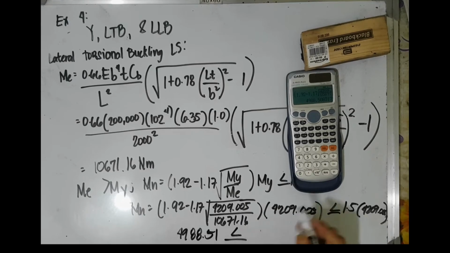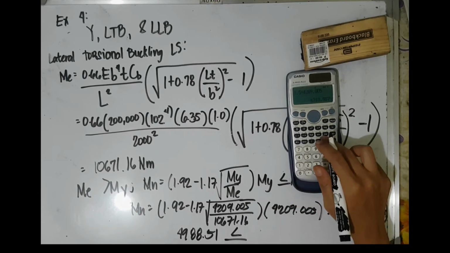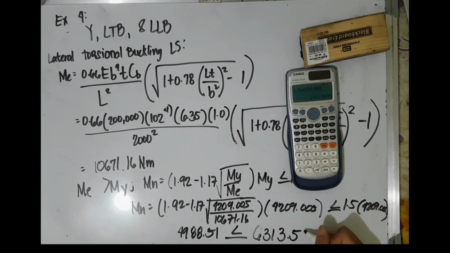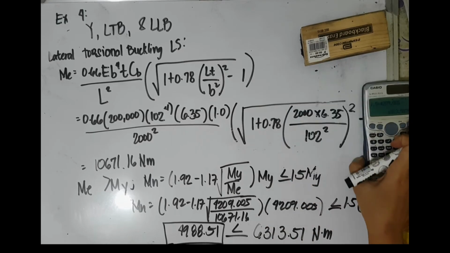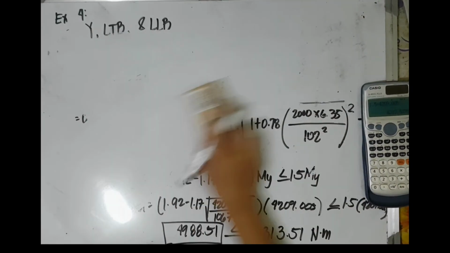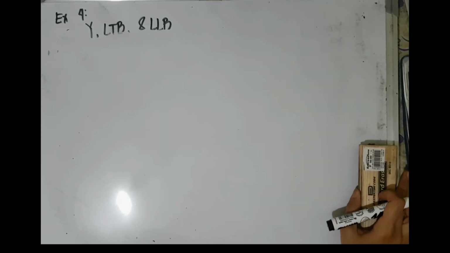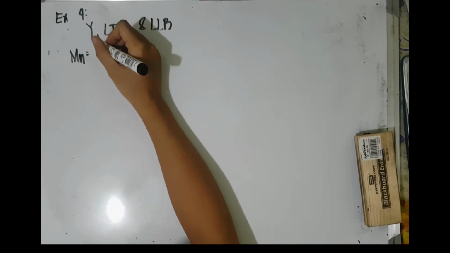And it is obviously less than our 1.5 multiplied by My, which is 6,313.5 Newton meter. Therefore, we will use Mn of 4,988.51 Newton meter. And we are now ready to solve for the design flexural strength by multiplying by 0.9 under LRFD.